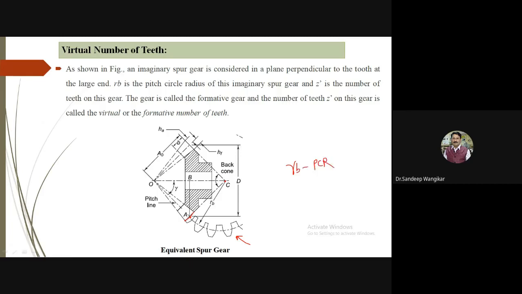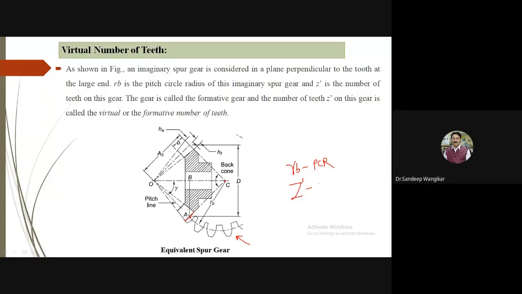RB is the pitch circle radius of the imaginary spur gear, and Z dash is the number of teeth on this gear. The gear is called the formative gear. As I have already said, we are saying virtual and imaginary.